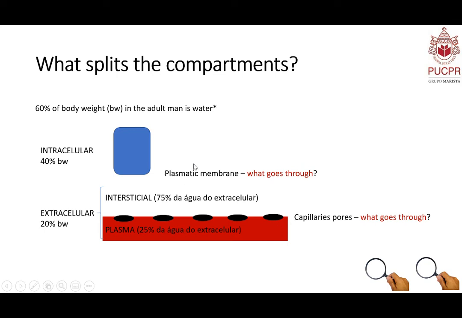However, when we are talking about the plasmatic membrane, that's not true. You know that the plasmatic membrane is a bilipidic membrane that is very selective. It really doesn't let any molecule, even if it's very small, pass if it is positive or negative.